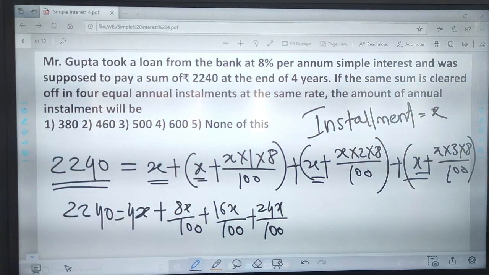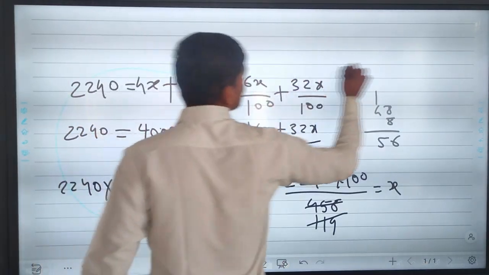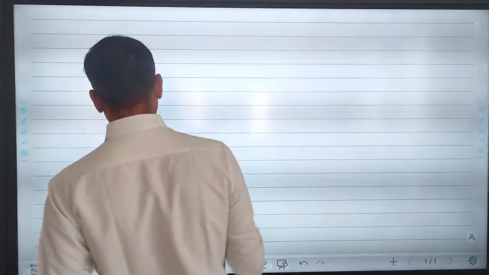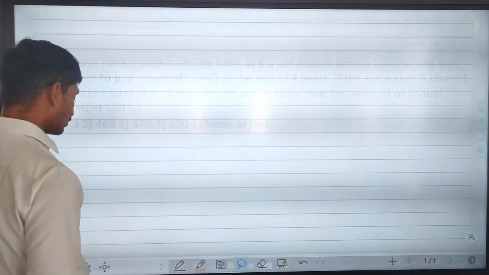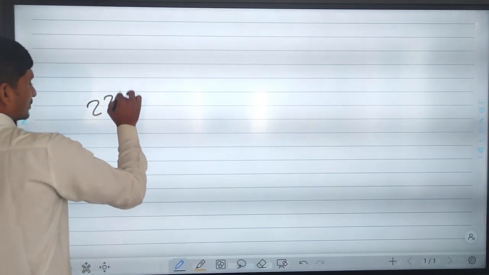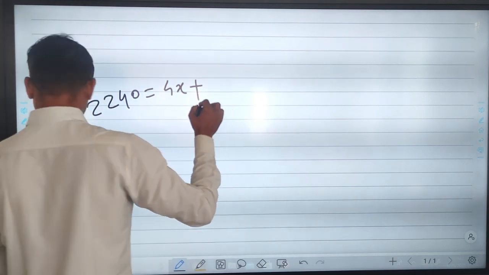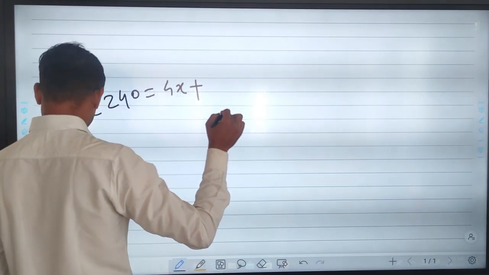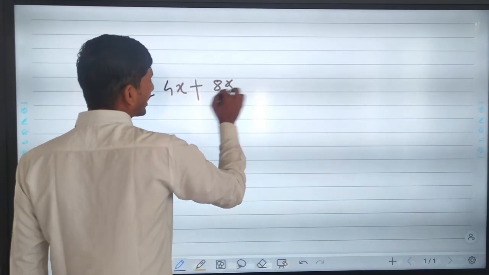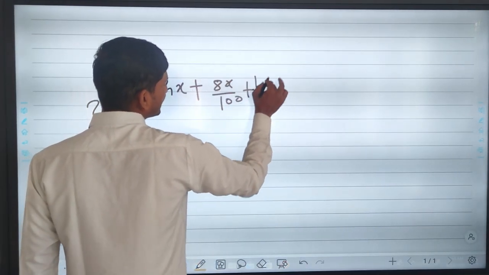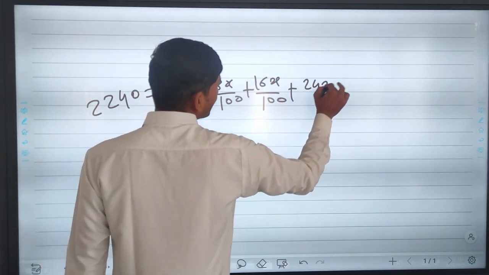Now here we solve this equation, we get the answer. 2,240 is equal to 4X plus 8X divided by 100 plus 16X divided by 100 plus 24X divided by 100.